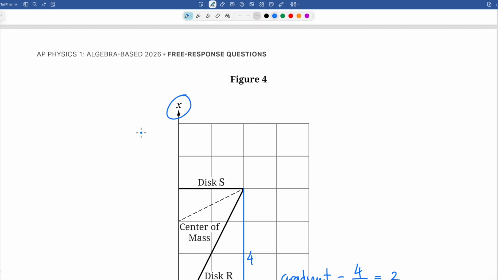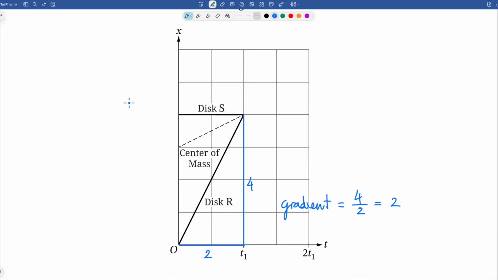The important thing when you look at a graph is the meaning of the quantities on the two axes. x here is position or displacement, and t is time. Therefore, the gradient of this graph, position versus time, means velocity.